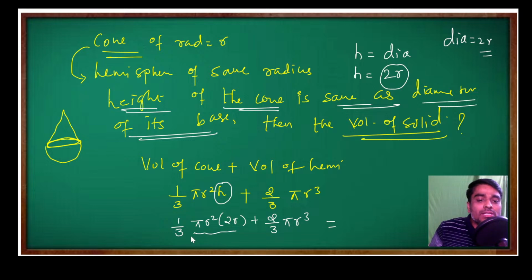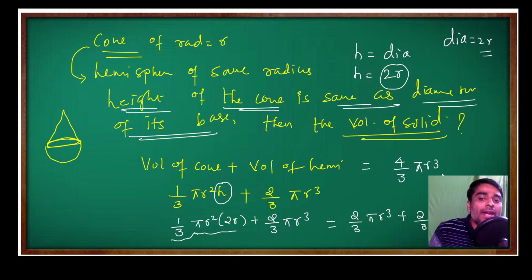This complete thing will become 2 by 3 pi r cube only. And this side also I have 2 by 3 pi r cube. Correct? So total we will have 4 by 3 pi r cube.